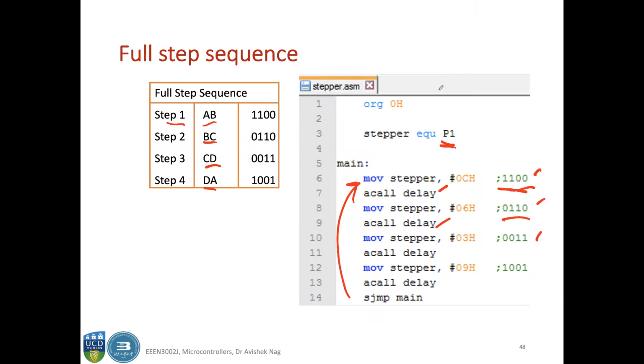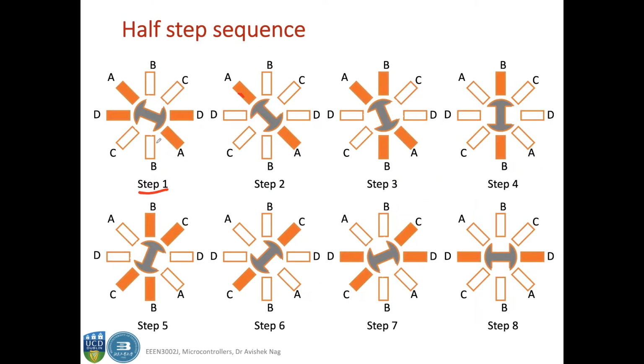You can have half step sequences, where this is the initial step with 2 stators activated, but in the next step you have only stator A, so the armature will be aligned across this axis. Then you can have AB, so it will be in between A and B, then only B, then BC, then only C, and so on. So you can have 8 steps instead of 4, and this is called a half step sequence.